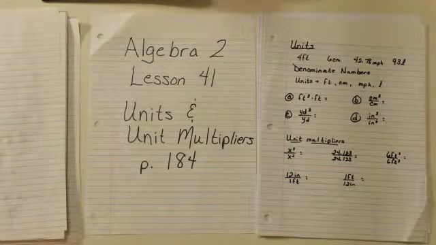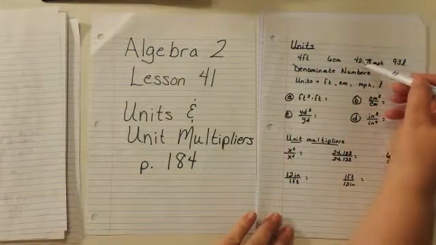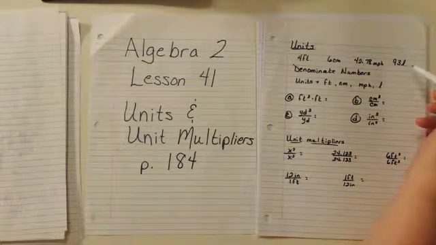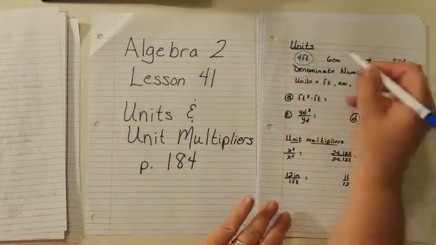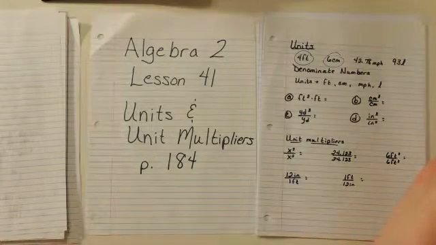When we talk about measurements such as 4 feet, 6 centimeters, 42.78 miles per hour, and 93 liters, we call the whole term, 4 feet, 6 centimeters, denominate numbers.